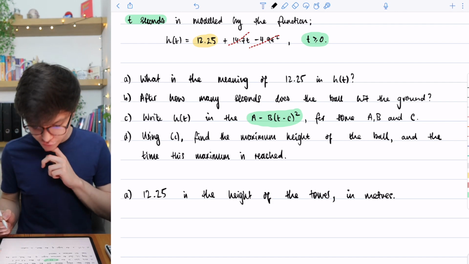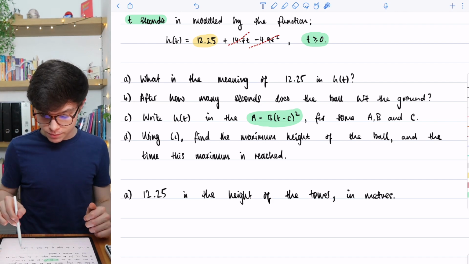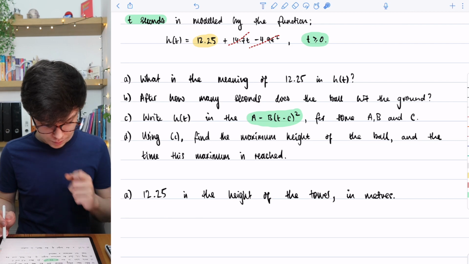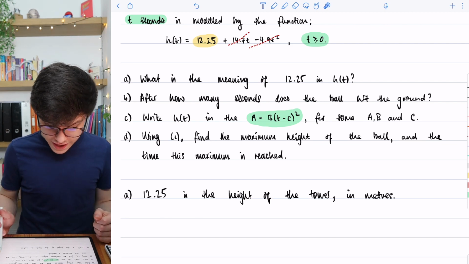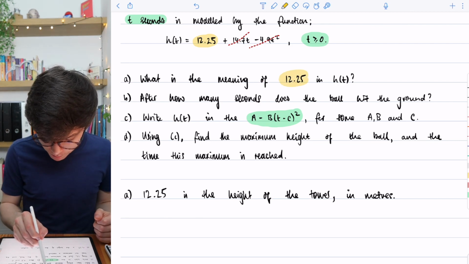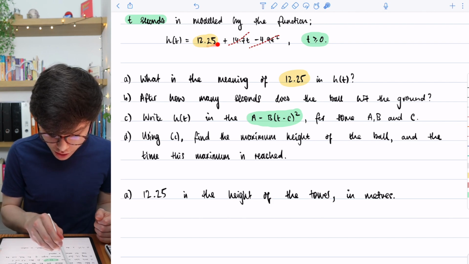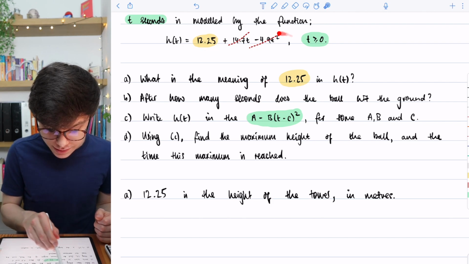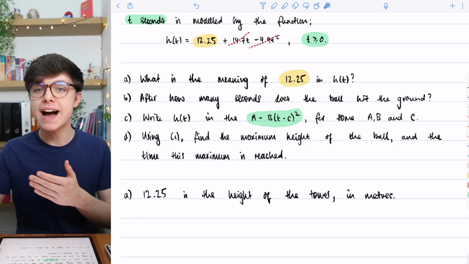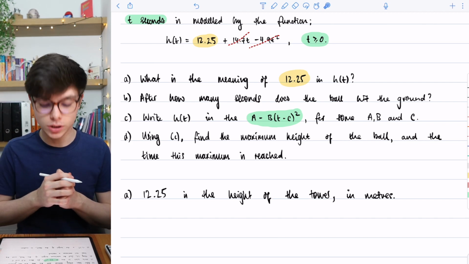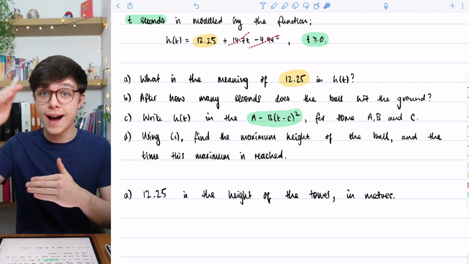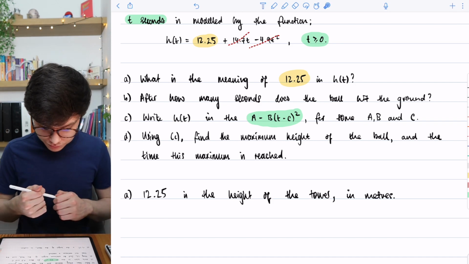Okay, it's always useful to take a unit from the question if you can do that. Okay, so think about the relation of what we're being asked and what's in the equation, and we can see, well, to get what we need, t must be equal to 0. We haven't set the path of the ball off yet, so it must be the initial height of the tower.